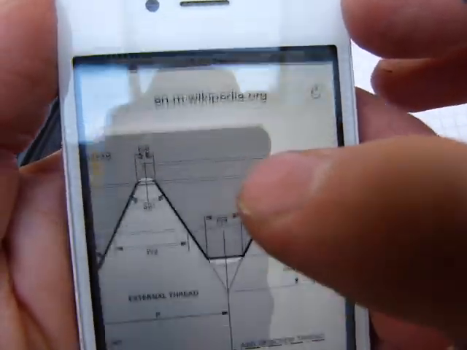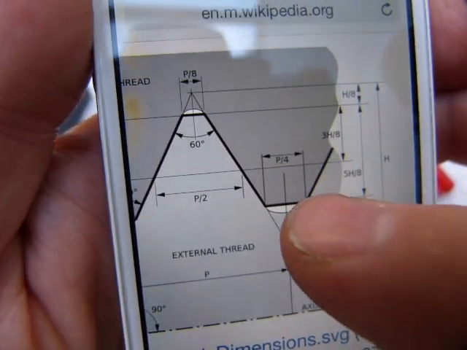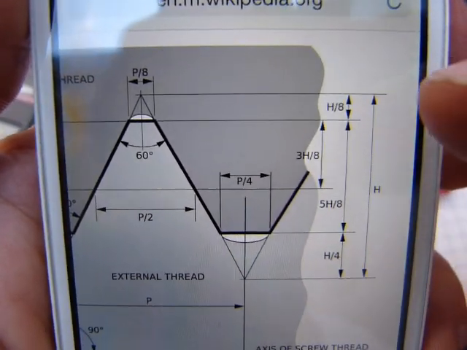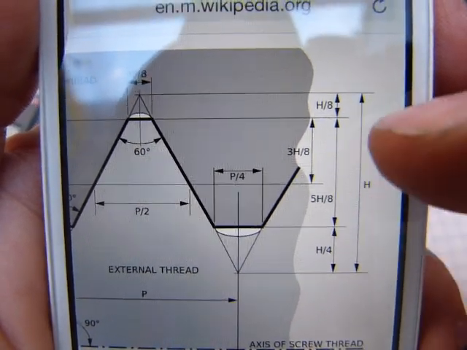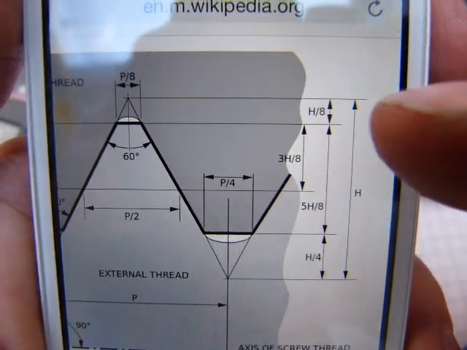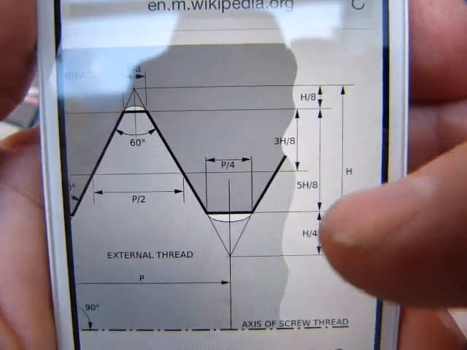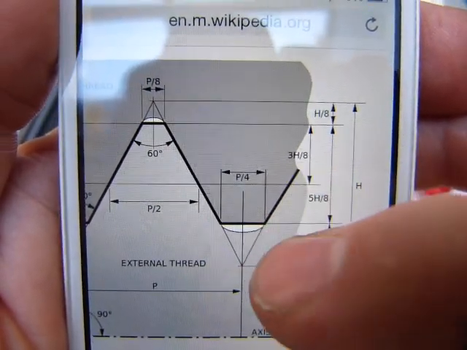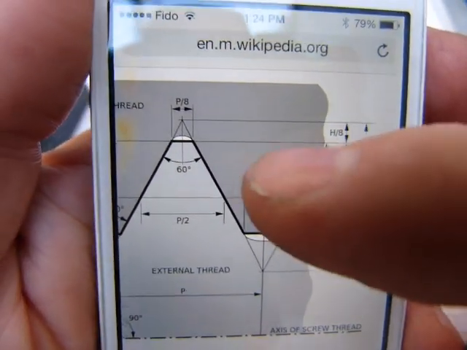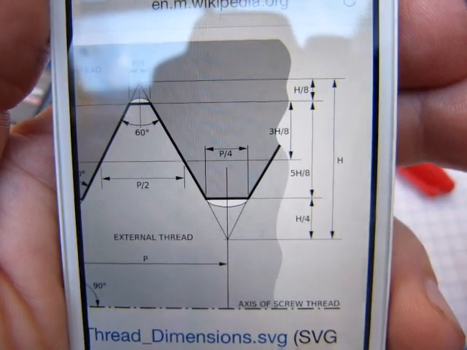Let's go back to this picture. You can see that the bottom of the thread, this horizontal solid black line, is part of this height. That's how it's laid out. So 1/8 of the full height is missing due to the crest truncation there, and another quarter of this height is missing at the bottom for root truncation, and so 5/8 of the height in the middle is left for thread depth that actually catches and grabs the mating threads together.